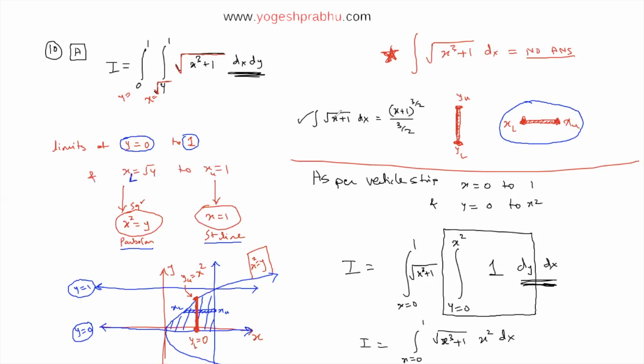But even integration of x square plus 1 dx, I think this also has an answer. Even this has some formula. But if you have x cube or x raised to 4 or x raised to 14, you just can't solve it. There is a difficult, long formula for the x square case, I guess.